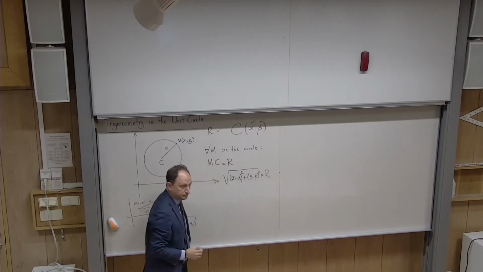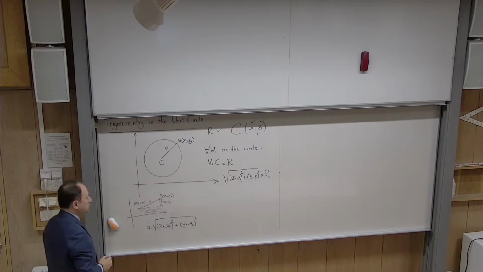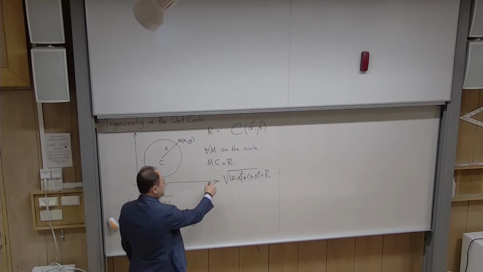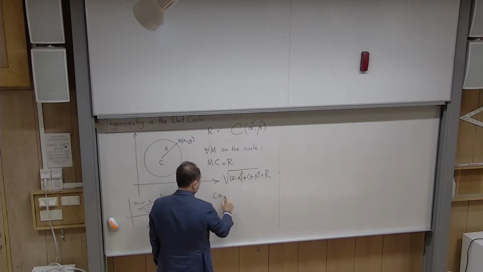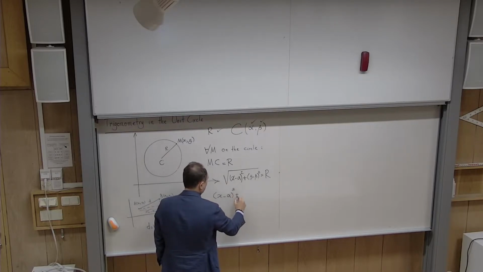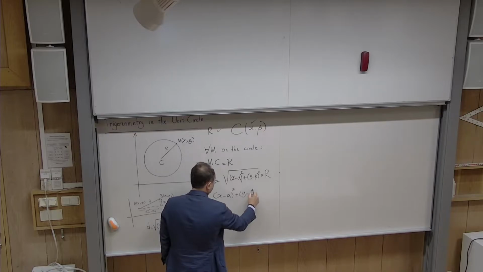Agreed? Usually putting this square root is not that beautiful, so let us just raise it to power 2 and get rid of that one. So this is why people write an equation for the circle in that way.